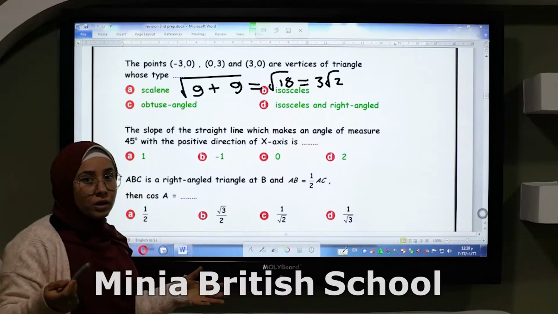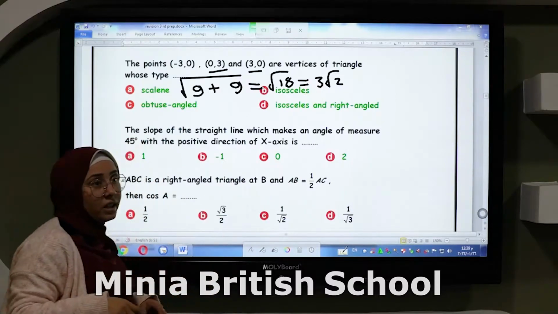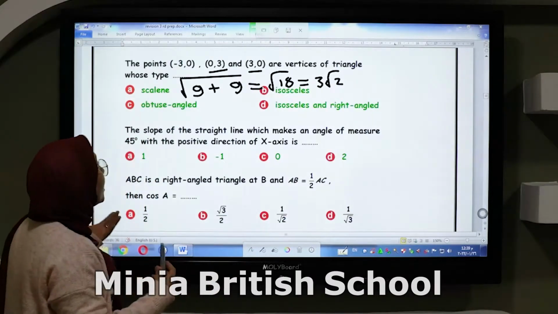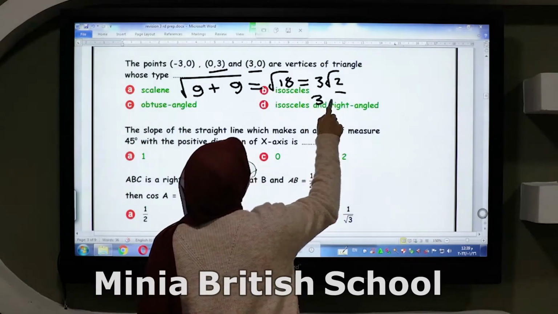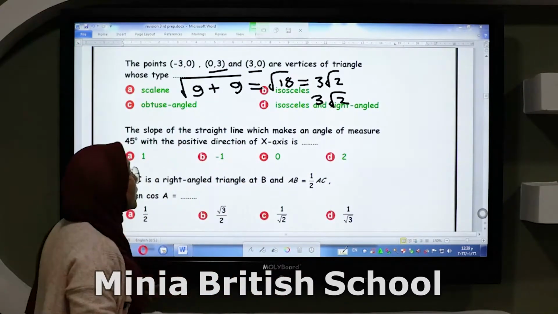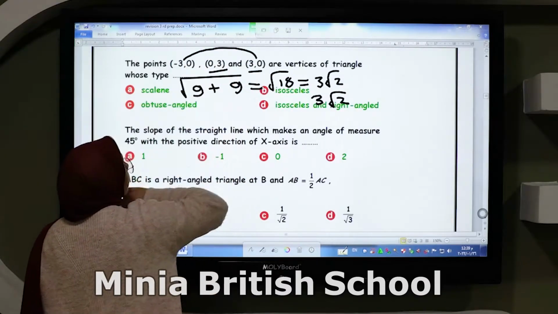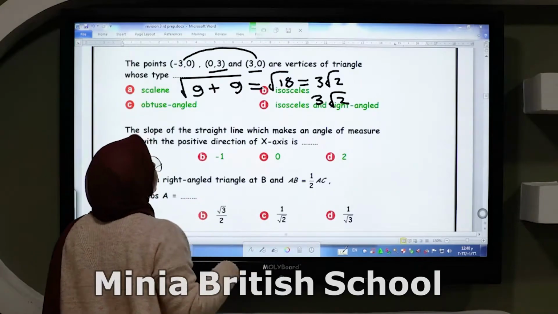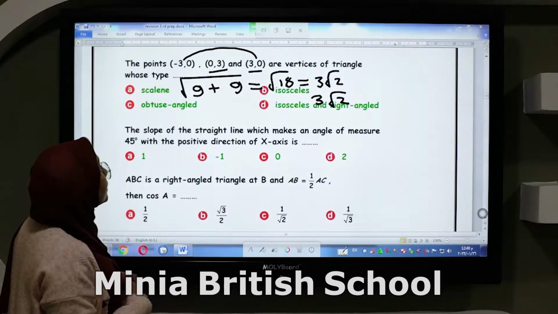Also, if you use the other two points to find the length of the second side, we get 3 root 2 as well. Then you can use the first point and the third point to find the length of the third side.